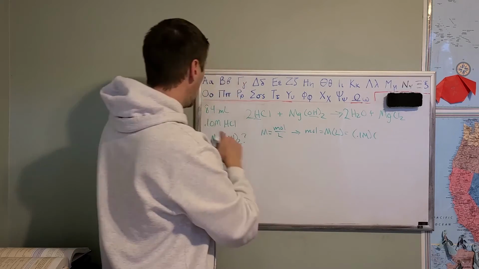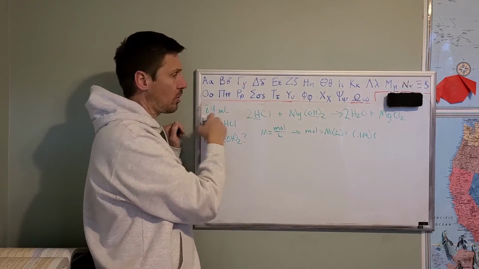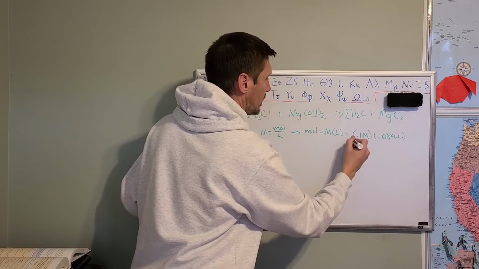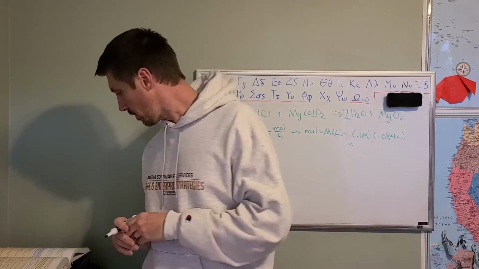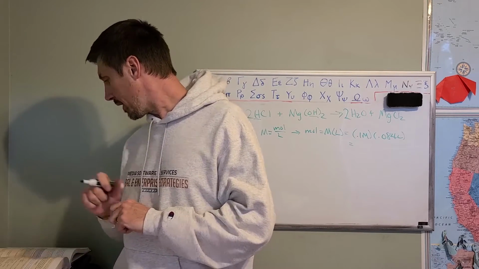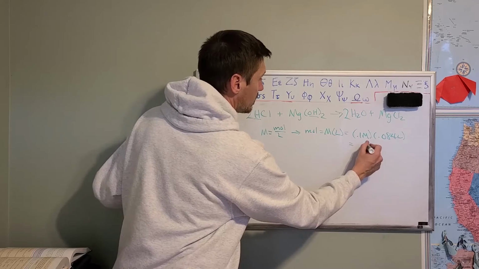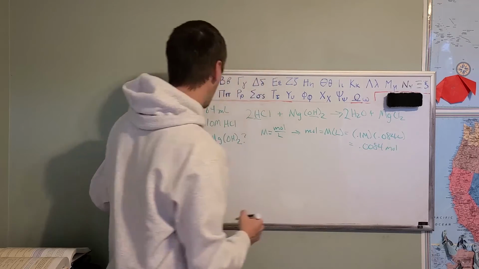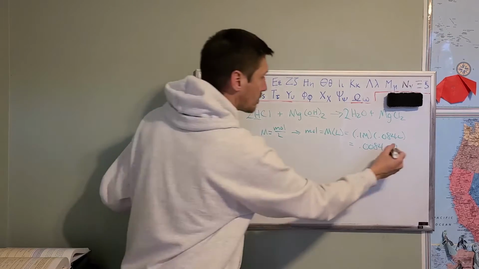Molarity times 84 milliliters, which is 0.084 liters, because remember, we have to do this in liters. And so that's going to give us a value of 0.0084 moles of HCl.